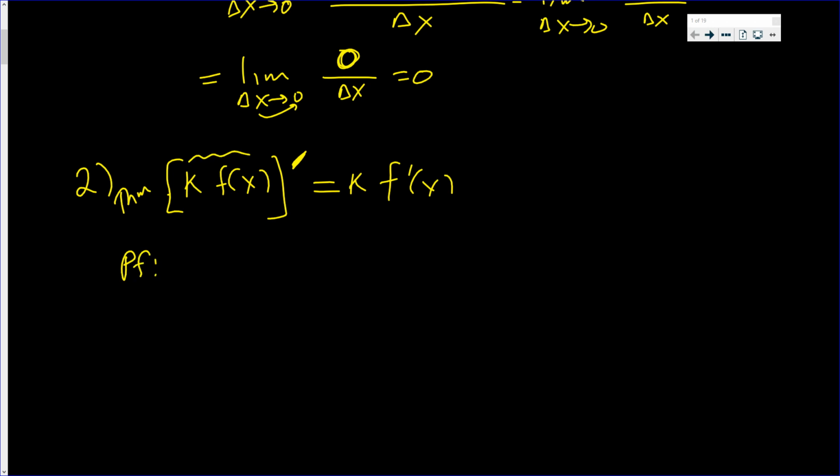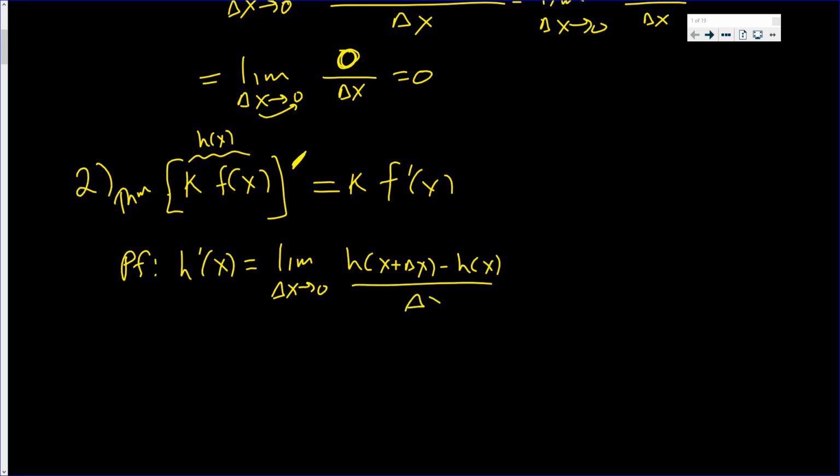Let us call this function, I tried not to do this, but I guess I have to, h of x. So h prime of x, by definition, is the limit as delta x goes to 0 of h of x plus delta x minus h of x, all over delta x. Now, h of anything is k times f of the same thing.